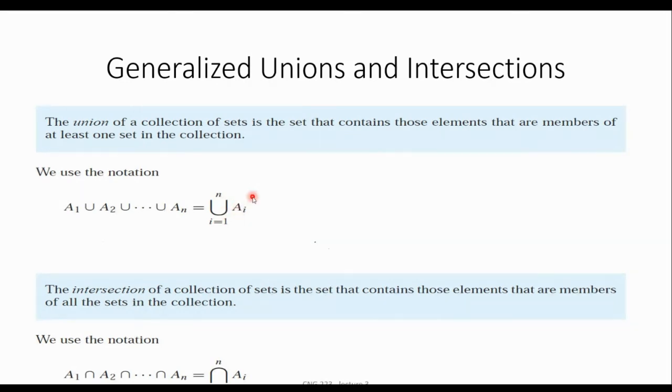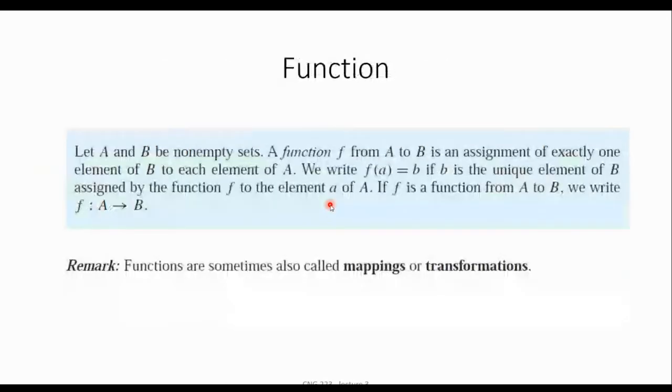So for all A i, it means A1, A2, A3 until AN, consider the union of them. And I can say exactly the same about intersection, of course. For our next assignment, I will give you one example related to this, and it will be useful.